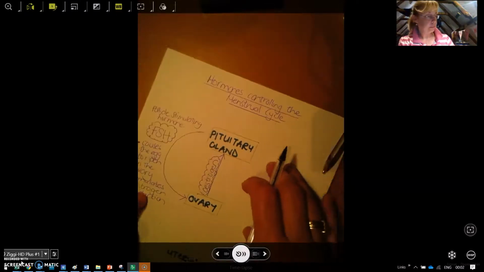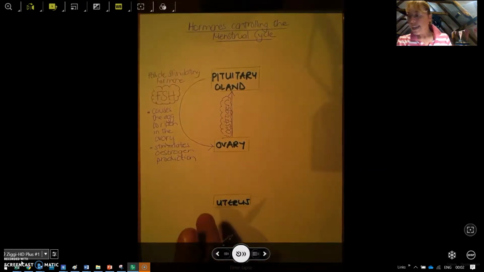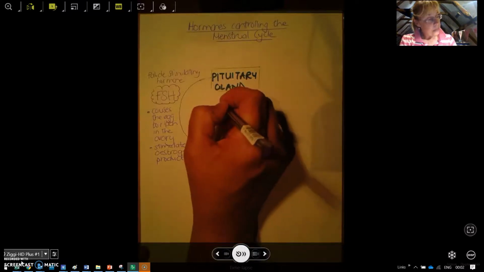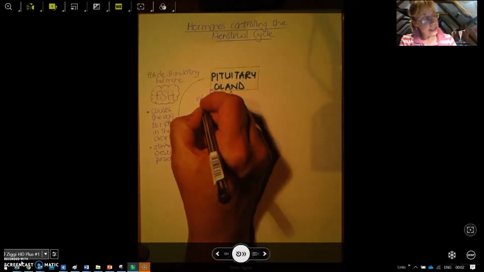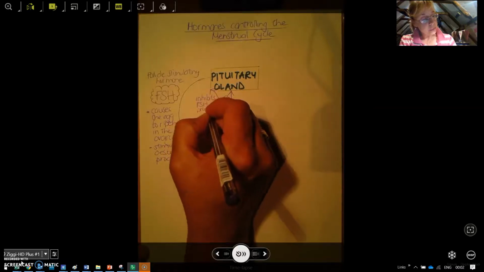Okay. Now the estrogen does 2 things. The first thing it does is it causes the pituitary gland to stop secreting FSH. So over here I'm going to write it inhibits, which is another word for stops, FSH production.